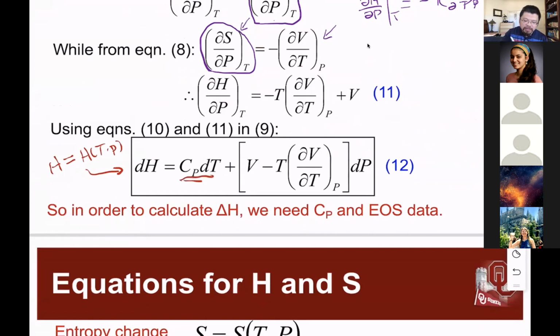Cp, if you come up with a substance, say ammonia or steam, we have those Cp values, especially Cp as a function of temperature. This would be the PVT, right?